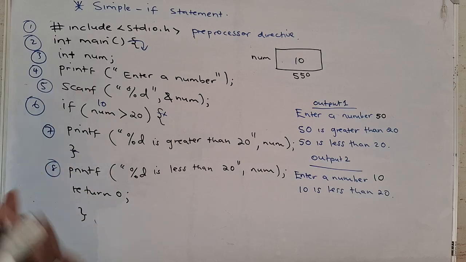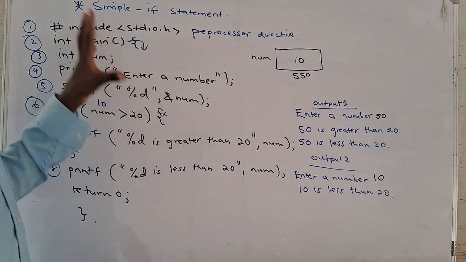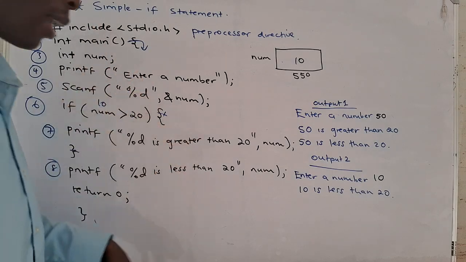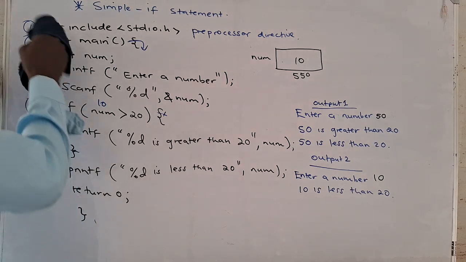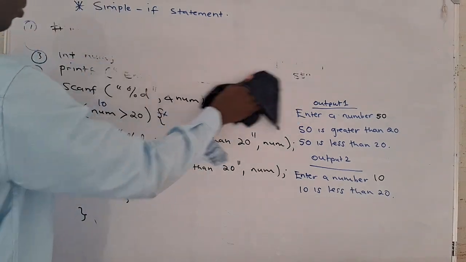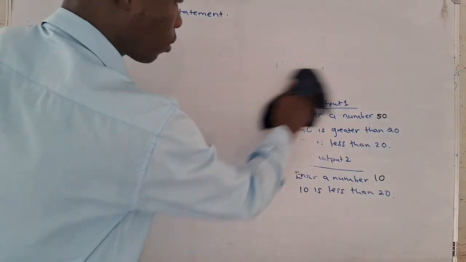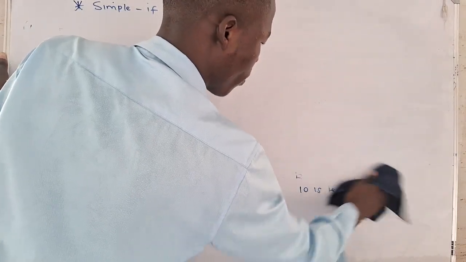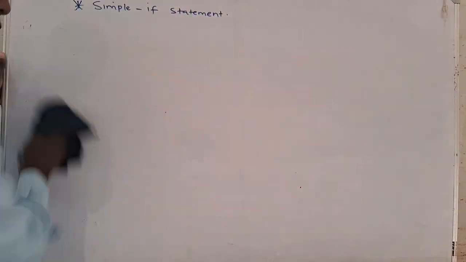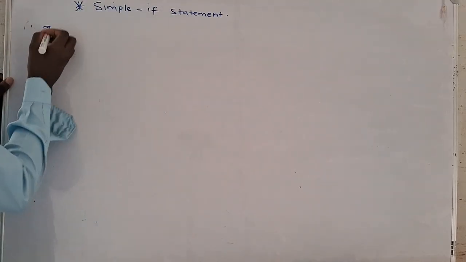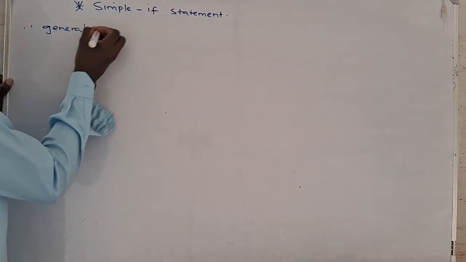We have what we call the flowchart. What is the flowchart? The flowchart is nothing but the diagrammatical representation of the program.